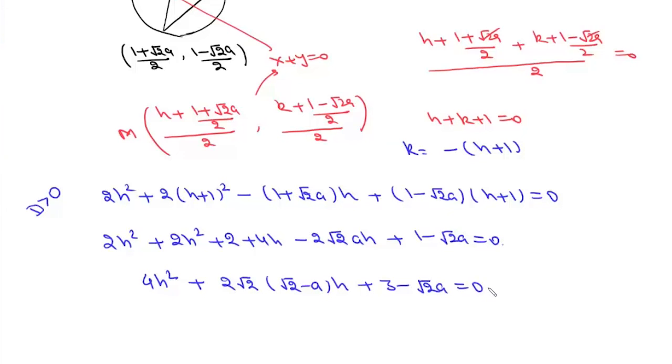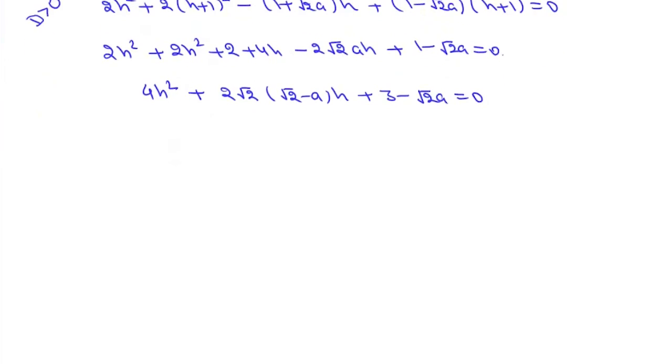So that is the quadratic equation in h. Now since we need two chords, this equation should have two real roots, and for that the discriminant D must be greater than 0. If we take D greater than 0, we can write 8 into (root 2 minus a) whole square minus 4 into 4 into (3 minus root 2a) greater than 0.